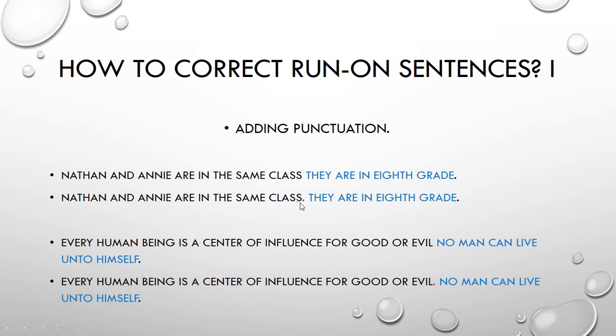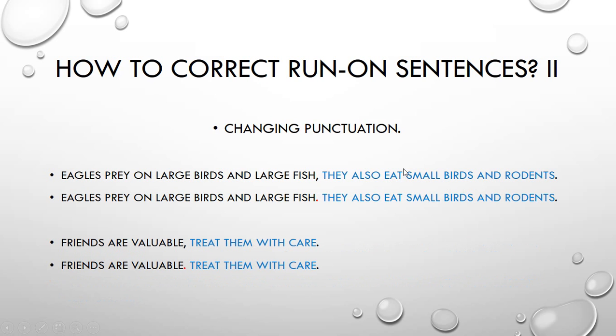So what we do is adding a period. Second example, again, it doesn't contain any punctuation. So what we do is writing down a period at the end of the first sentence. Remember that we need a period to finish a sentence. That's why, piece of cake, right?